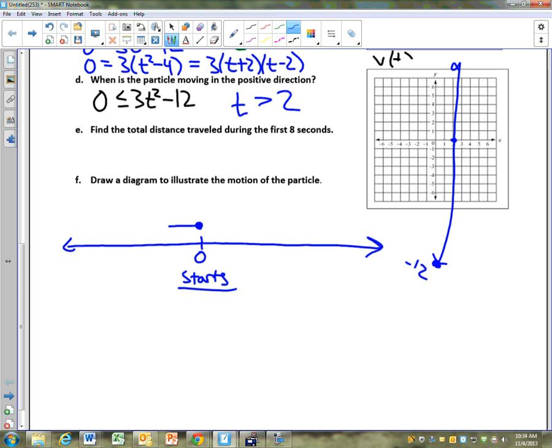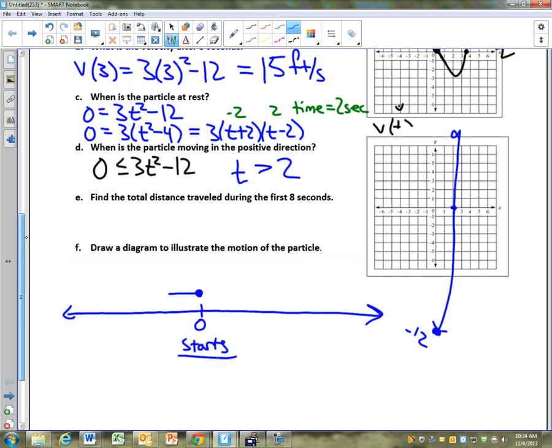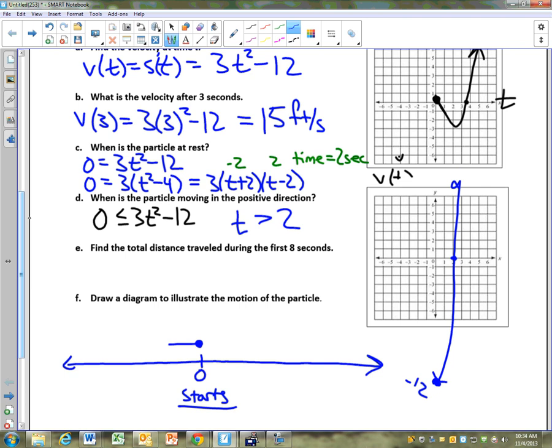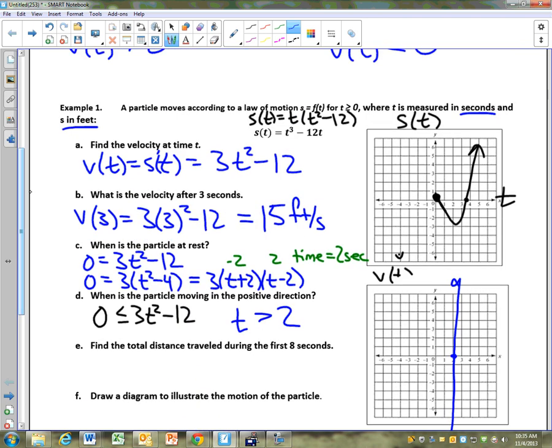Now, when does the particle stop moving in the direction to the left? At time 2. If I want to figure out where I am at time 2, do I plug that into the position function or the velocity function? Position function tells me where I am. So even though we got that value 2 from the velocity function, we plug it back into the position to figure out where I am.